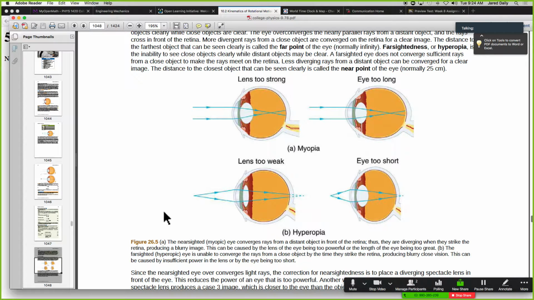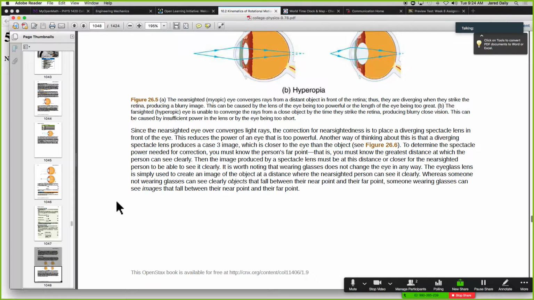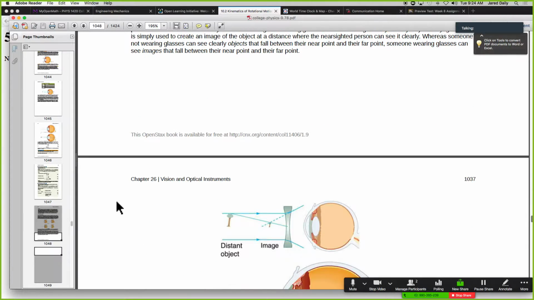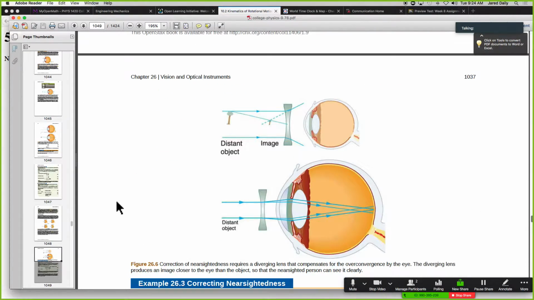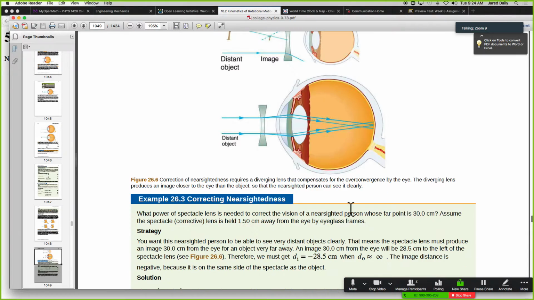I guess you could think of it either way, though. It doesn't really matter which way you think about it. But anyway, here they show the negative lens, which focuses this light further back in the eye so that it focuses on the retina instead of up here where it was focusing before.